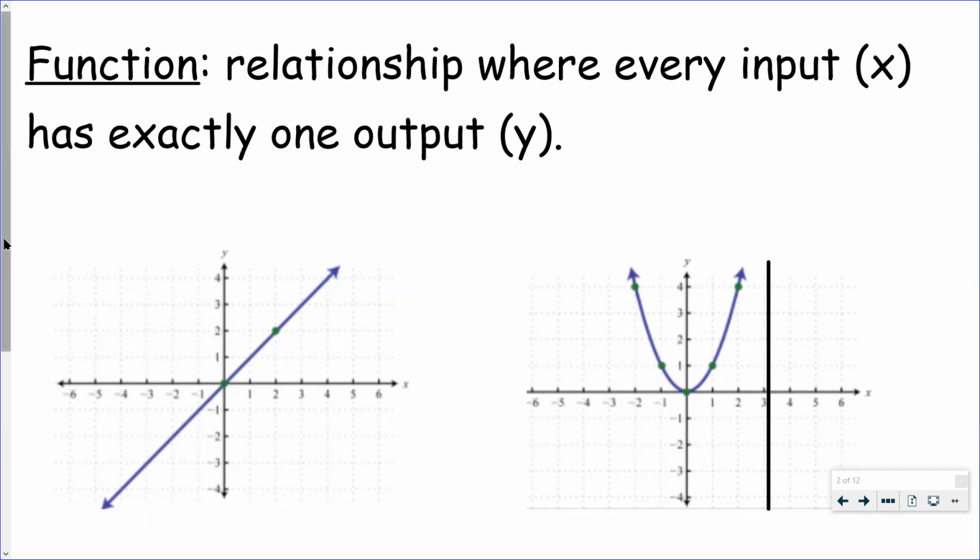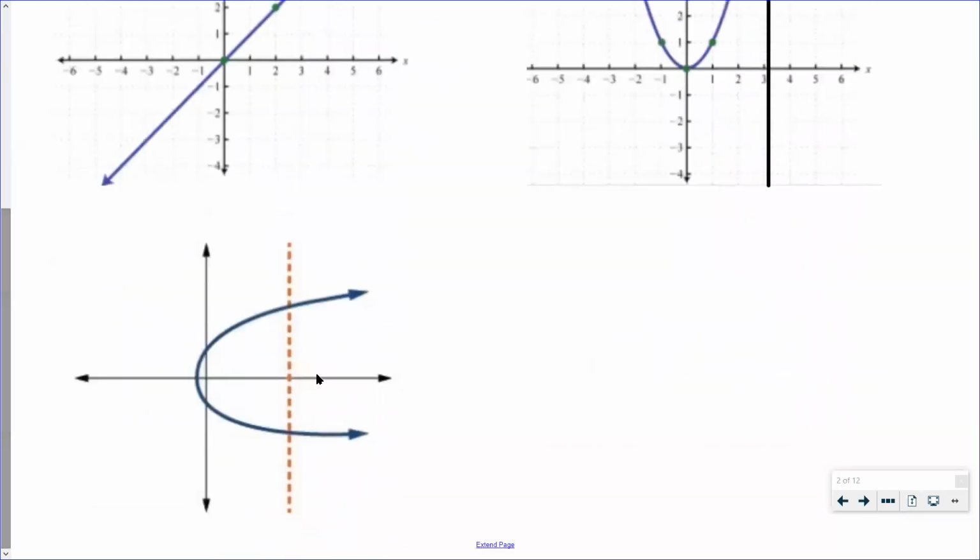And I said there's a third graph, and I want to show you guys. So if we look here, and we take our vertical line, as you can see, this vertical line touches the graph twice. So this one is not a function because it does not pass the vertical line test.